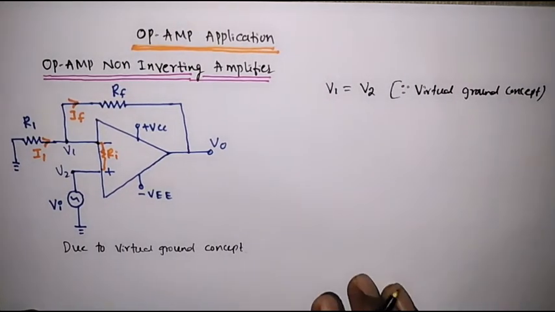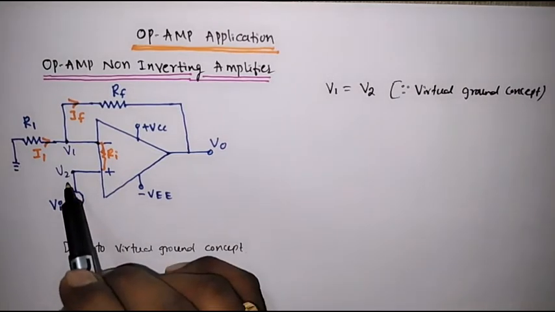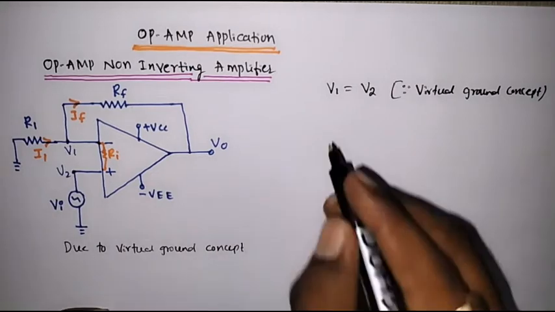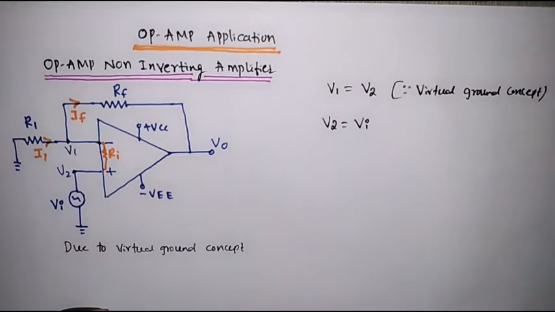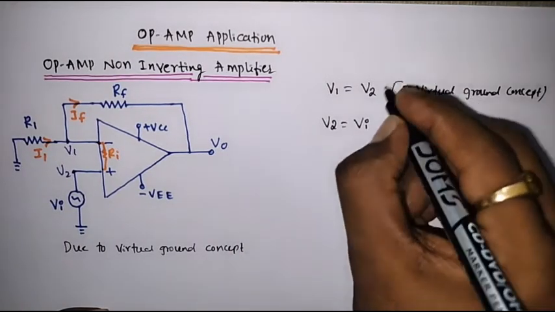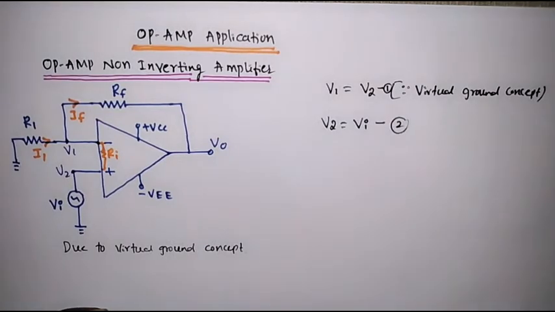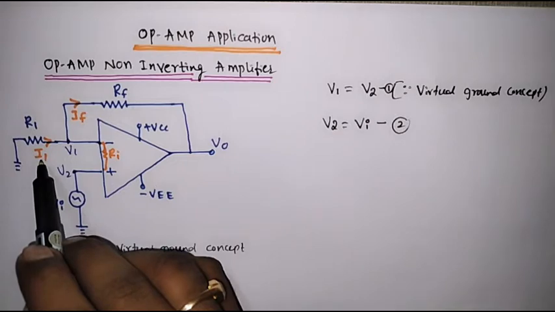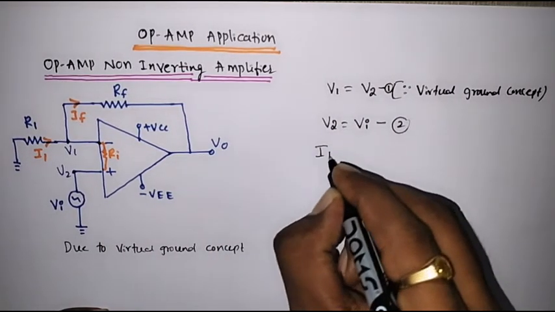That is, V1 and V2 are at the same potential. Now here we can observe that the non-inverting terminal V2 is connected to Vi. Therefore, I can say V2 is equal to Vi. We'll call this equation number 1 and this equation number 2. And here we can observe that current I1 is the same as current IF. That is, I1 is equal to IF.